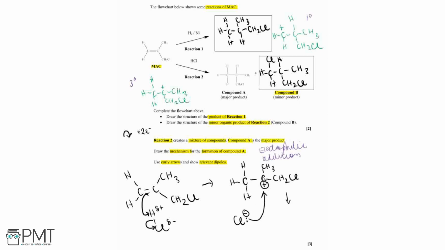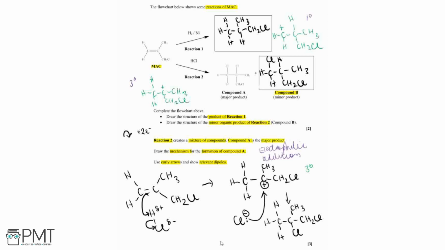And therefore, we're going to produce this compound here. And this is going to be our major product because it's gone via the most stable intermediate, the most stable carbocation, which is the tertiary carbocation because the carbon has got 3 other carbons bonded to it, making it the most stable.